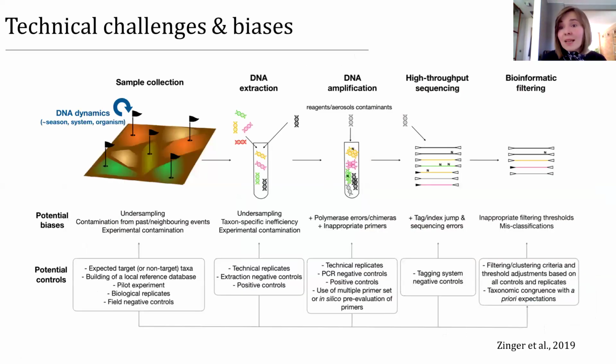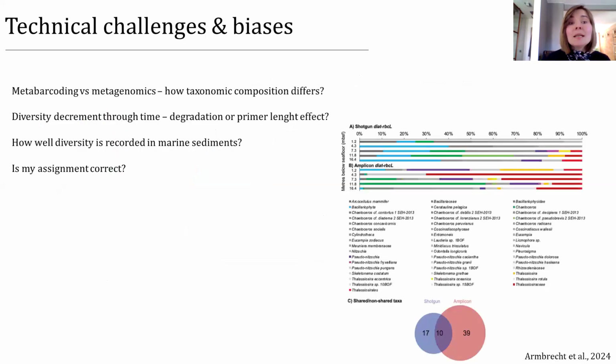Of course, on this way there are a lot of challenges and biases. They can appear from ecosystem dynamics. They can appear from the method of DNA isolation, of amplification, of the methodology during the sequencing and bioinformatics. Here I will just show you a few that are, for me, now most challenging. The first one is the use of metabarcoding versus metagenomics.